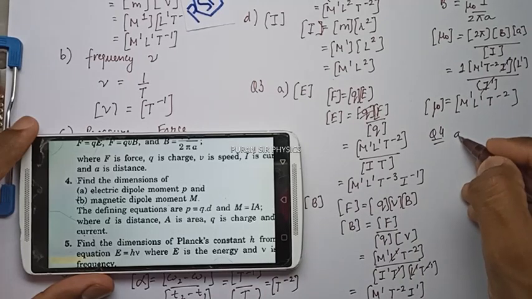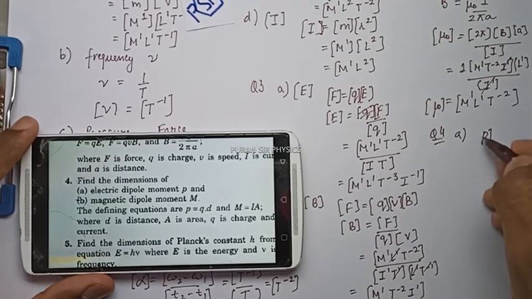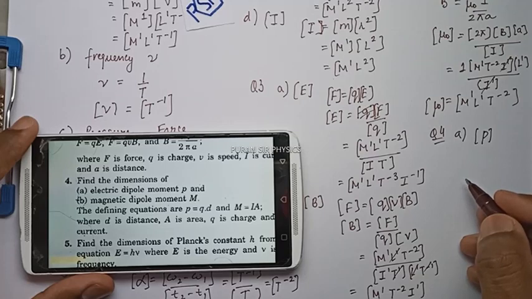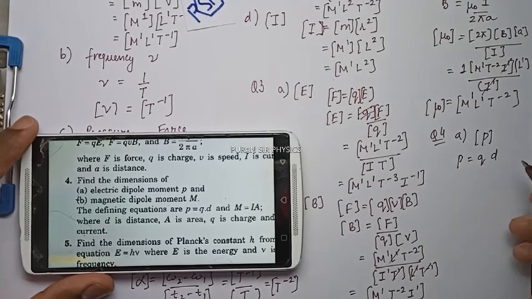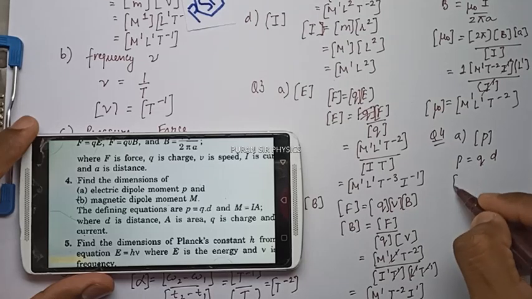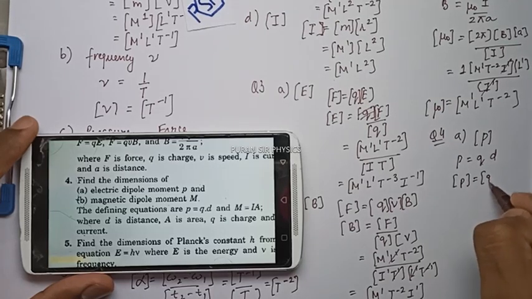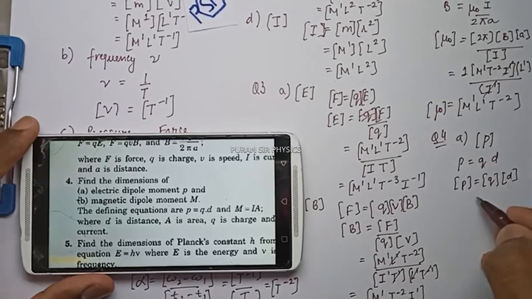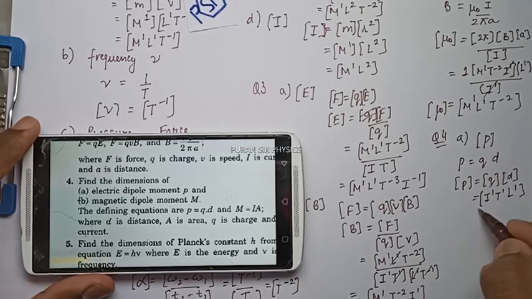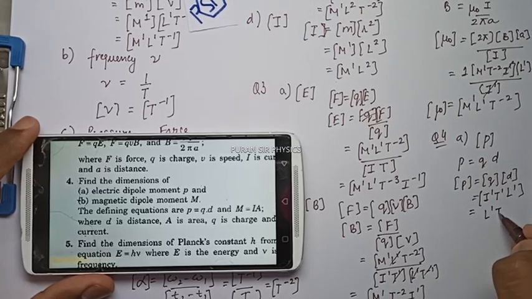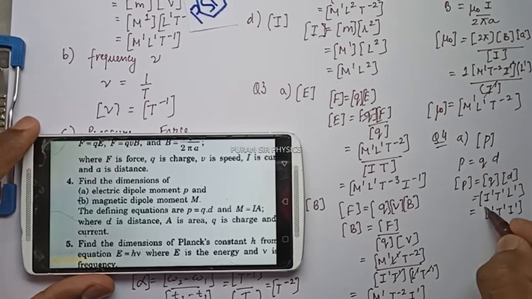Let us first find the dimension of electric dipole moment, P is equals to Q into D, where Q is the charge, D is the distance. So dimension of P will be dimension of Q into dimension of D. Dimension of Q is I raised to power 1, T raised to power 1, and dimension of D will be L raised to power 1. So if you put it in order, it will be L raised to power 1, T raised to power 1, I raised to power 1.